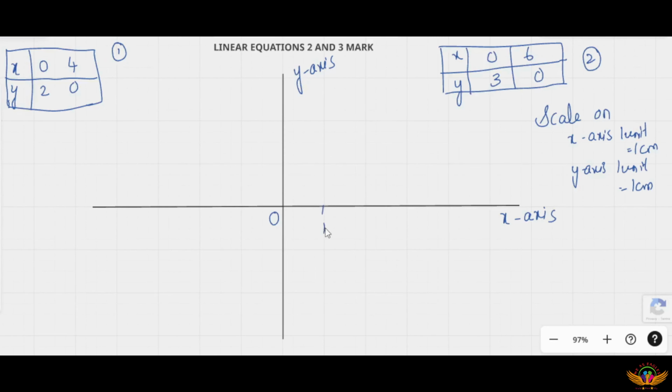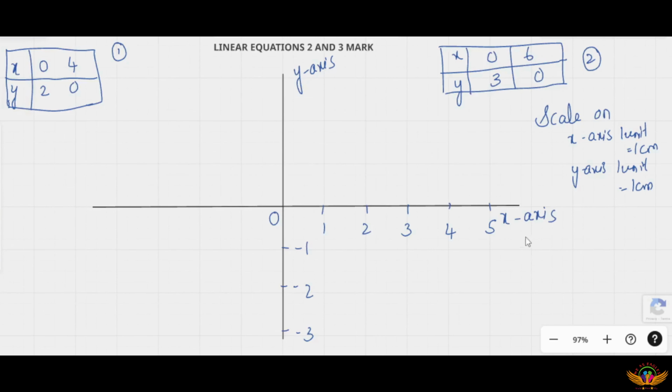This is 1, 2, 3, 4, 5. And here also I'm going to take minus 1, minus 2, minus 3, and here also on y. So we have x value up to 6, right?